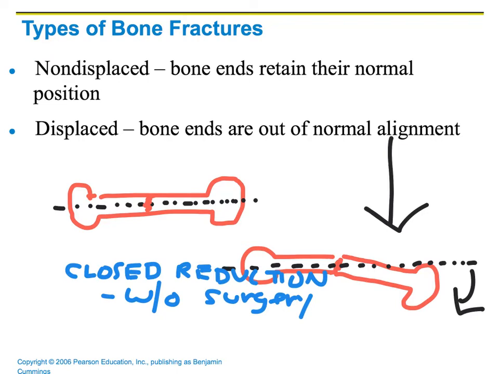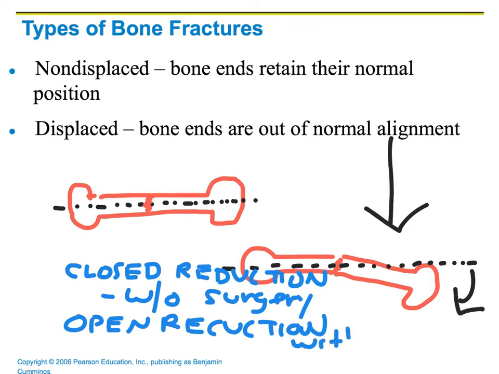In a more serious fracture, potentially where there are multiple fragments, where the alignment is severe, where possibly a compound fracture penetrates the skin, where surgery is required, this is called open reduction. In open reduction, there's surgery involved.